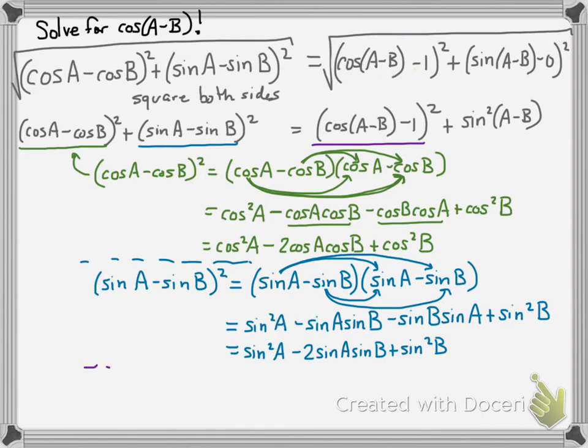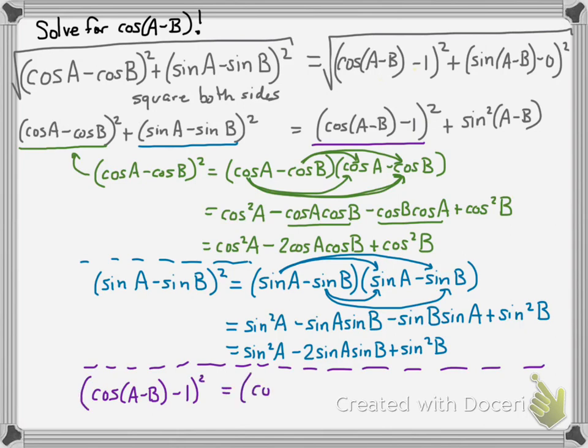And in our final expansion, we are looking at cosine of A minus B minus 1 being squared. And so that is cosine of A minus B minus 1 times cosine of A minus B minus 1.